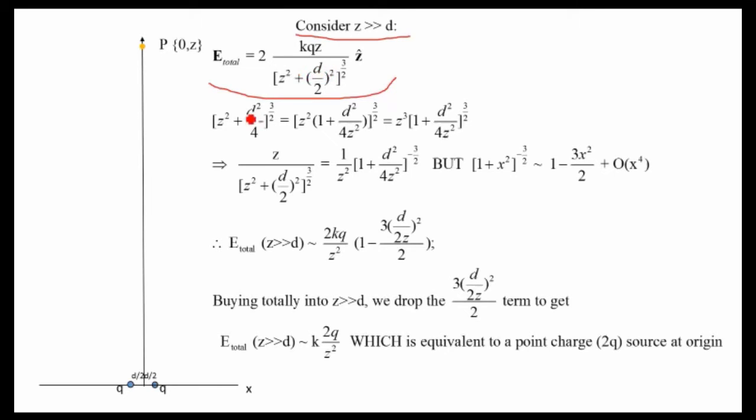And we take this denominator and treat it as a number where this is large compared to this, and we factor it so that we can bring out a z squared times 1 plus, and then you can see what I've done. I've just put this z squared back, so z squared times 1 over z squared was 1, which brings us back to this thing. Bring the z outside, and because of this 3/2 power, you get z cubed on the outside, and then you have 1 plus this quantity to the 3/2 power.